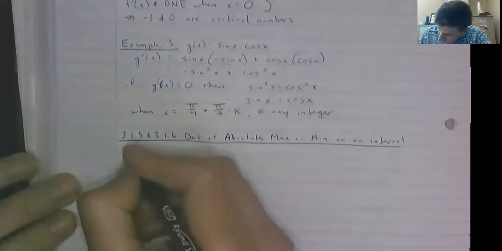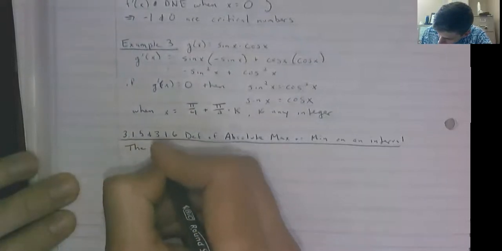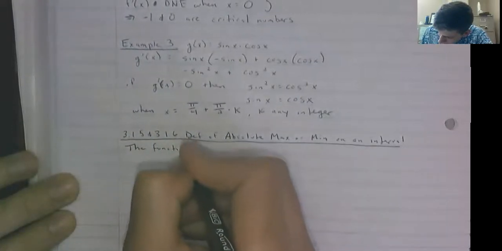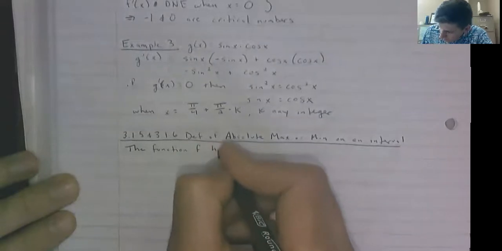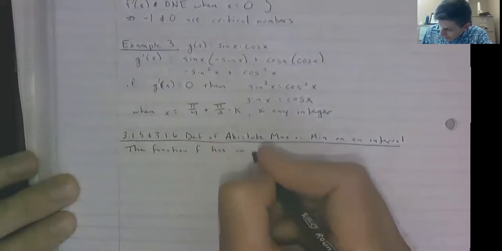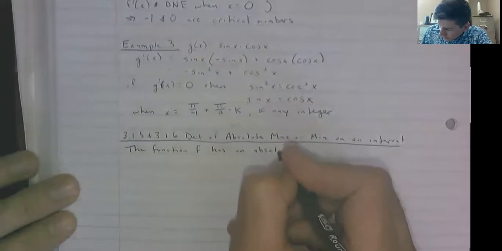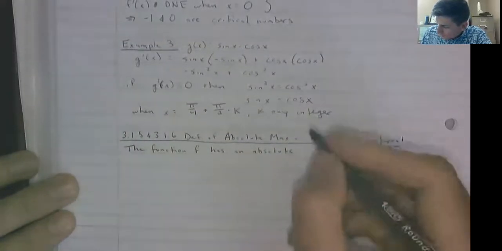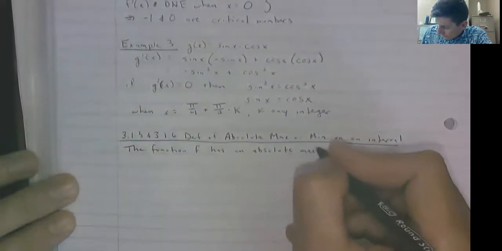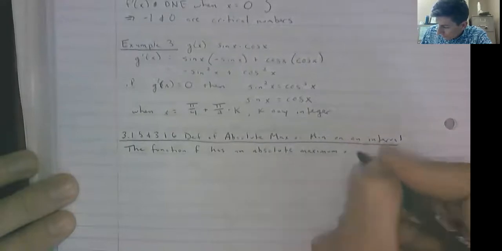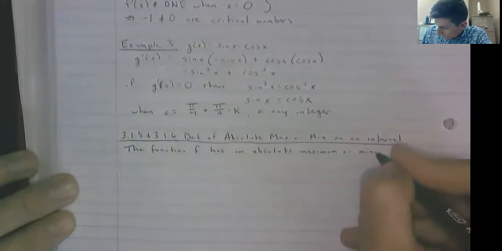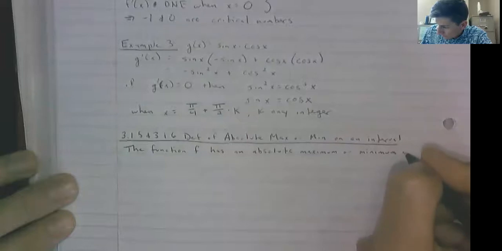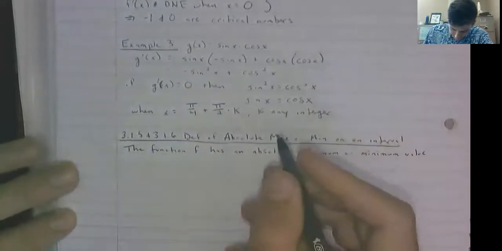So the function f has an absolute, not relative anymore, but absolute maximum or minimum value at c.